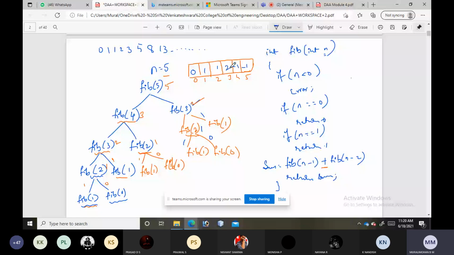So next time, if I want to calculate fib of 4, I need fib of 3 plus fib of 2, so I can directly access these values. We will update this as 3. Next, fib of 5 is 5.